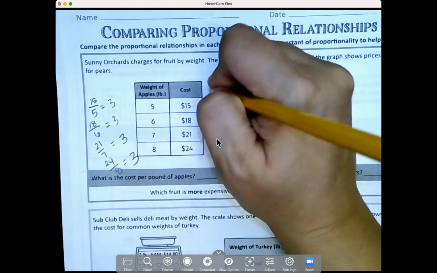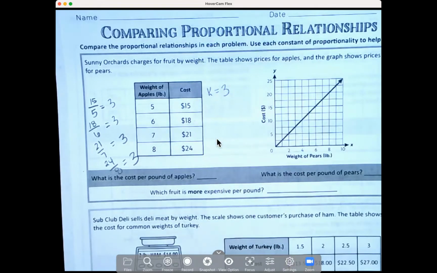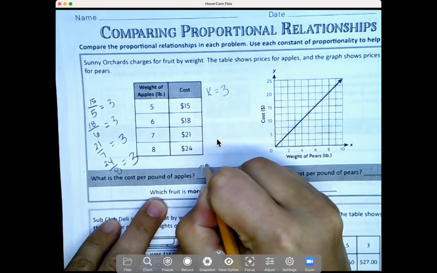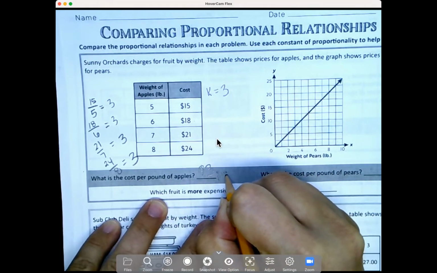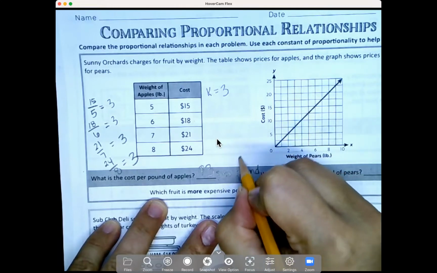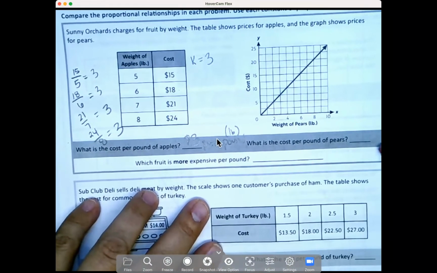So you would be able to say, all right, K equals 3. Also, the cost per pound of apples is $3 per pound. And you can either use pound or the LB. Sorry, that's hard for you to read there in the gray.